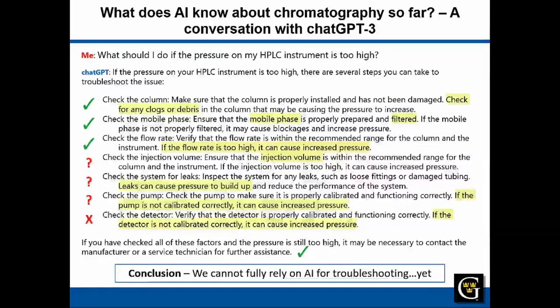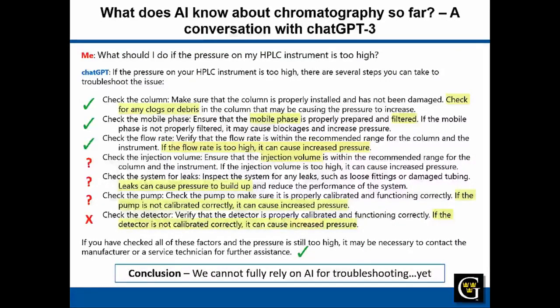It came back with a series of ideas here, and I've kind of put my rating next to each one of them. So the first 3 are quite reasonable. It says things like check for any clogs or debris in the column that may be causing the pressure to increase. This is certainly very reasonable.